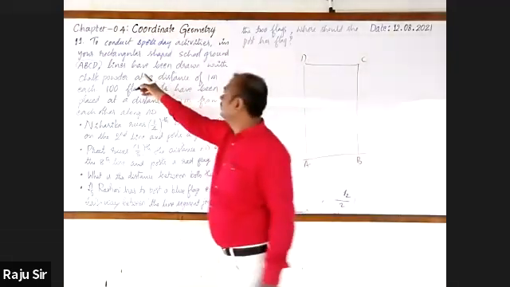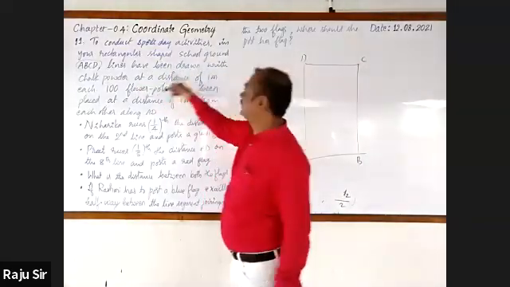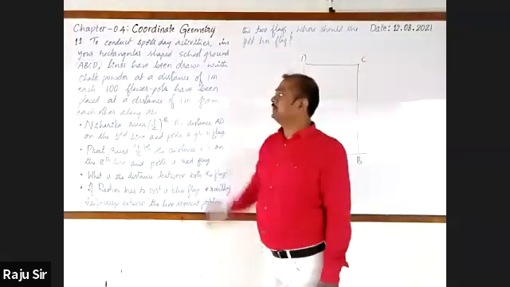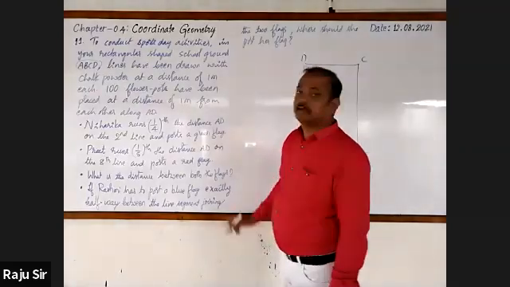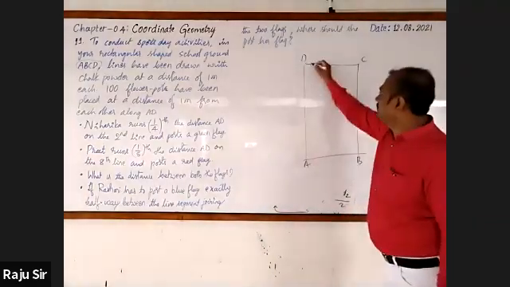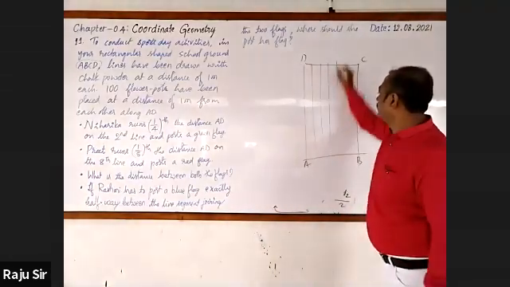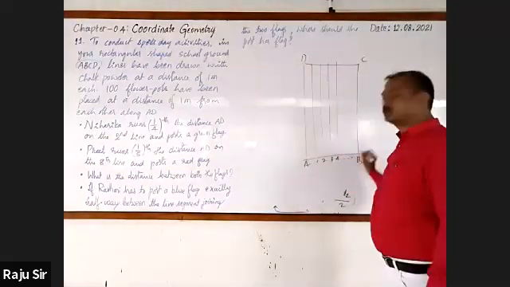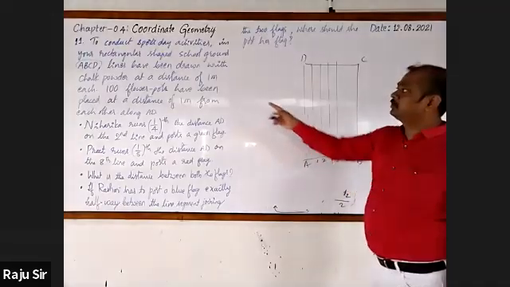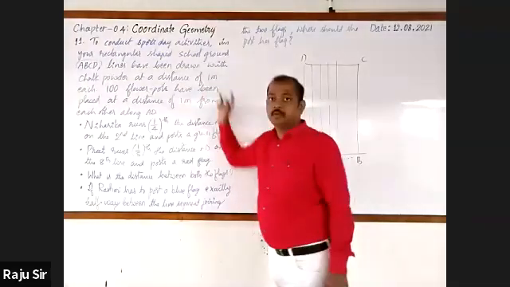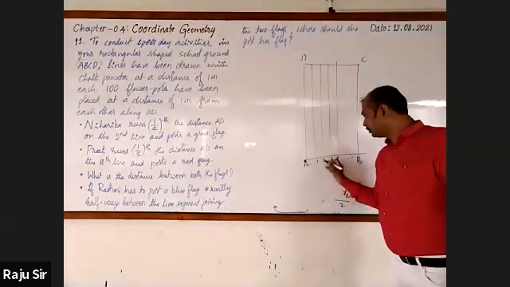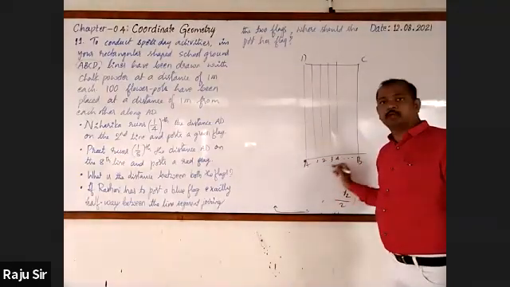Next, lines have been drawn with chalk powder at a distance of 1 meter each, lines 1, 2, 3, 4, 5 and so on. What is the distance between two lines? 1 meter, from 0 to 1, 1 to 2, 2 to 3, 3 to 4.